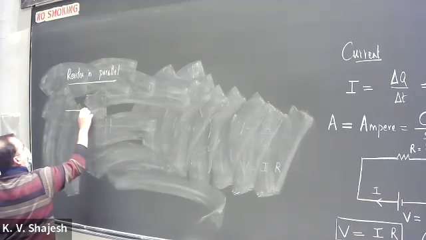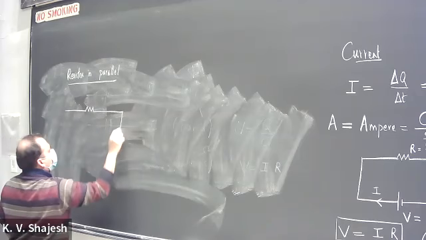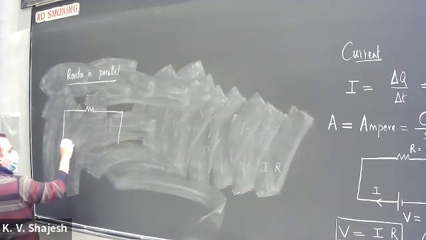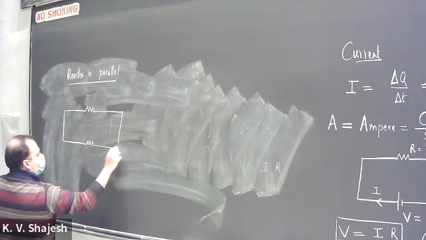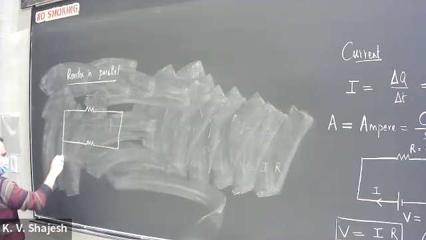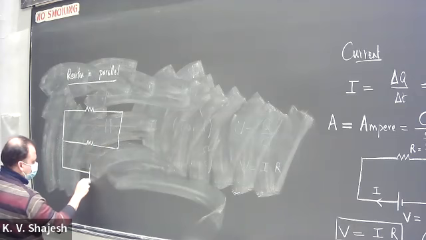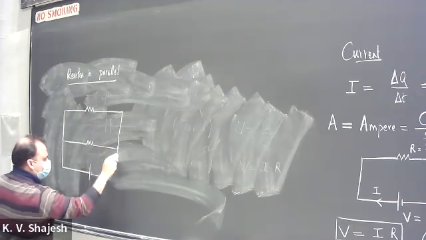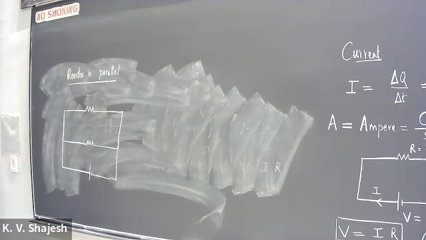Resistors in parallel, the electrical circuit looks like this. We have 2 resistors connected in parallel, and the battery itself is connected to the 2 resistors in parallel.